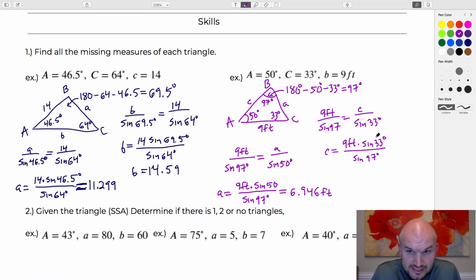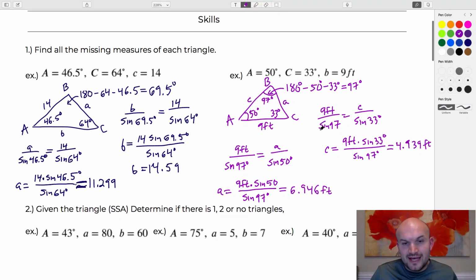So we have the sine of 33 times 9 divided by the sine of 97, and 4.9 would make sense. That's the smallest angle, so that's going to give you the small side. So that'd be 4.939 as I round it, and again, just remember it's feet.